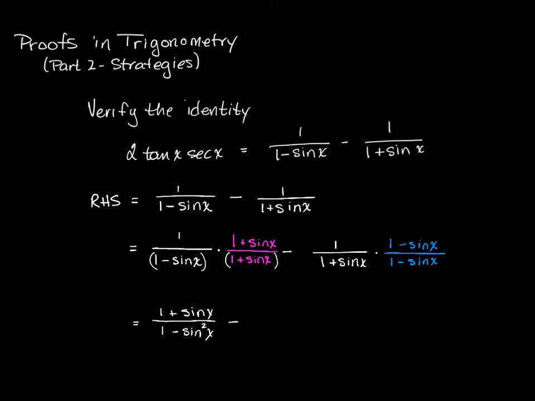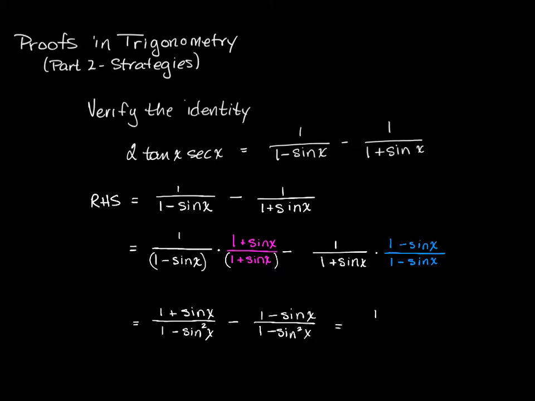In my second fraction, when I multiply 1 by 1 minus the sine of x, I get just 1 minus the sine of x. But it too is over the common denominator of 1 minus sine squared of x. Now, because I have a common denominator, I can combine these two numerators.